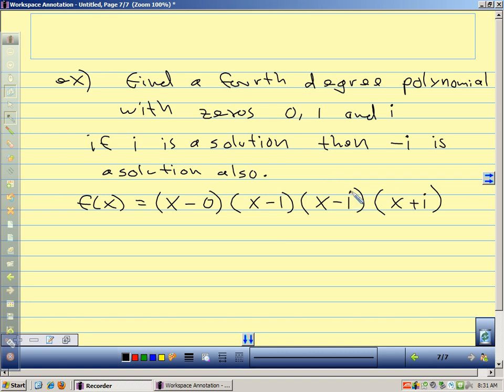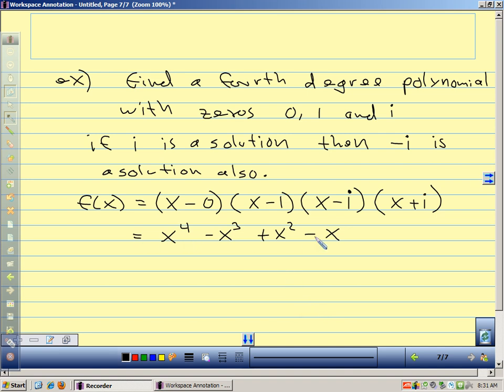So this would be one way we could write a fourth degree polynomial, and then I can multiply this all out. If I multiply this out, I get x to the fourth minus x to the third plus x squared minus x.